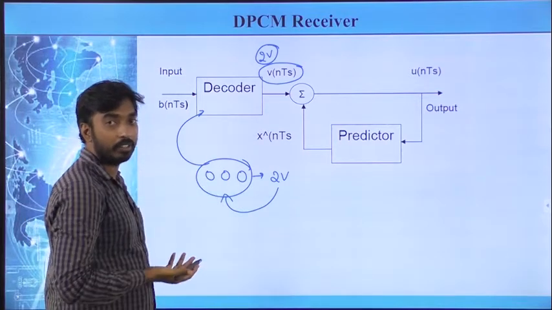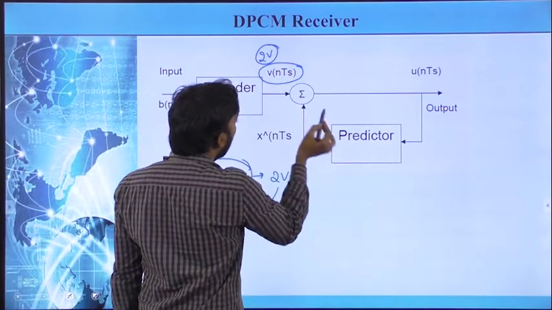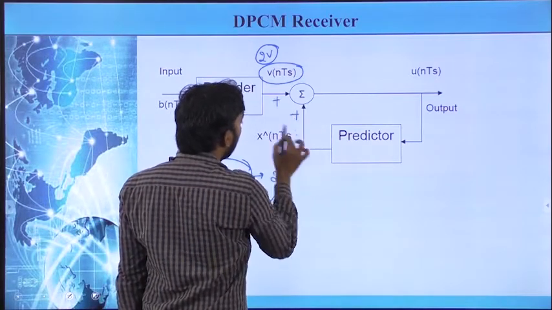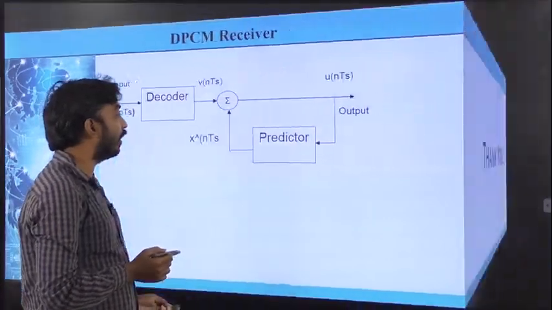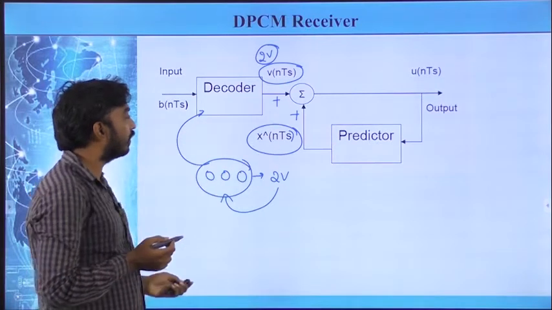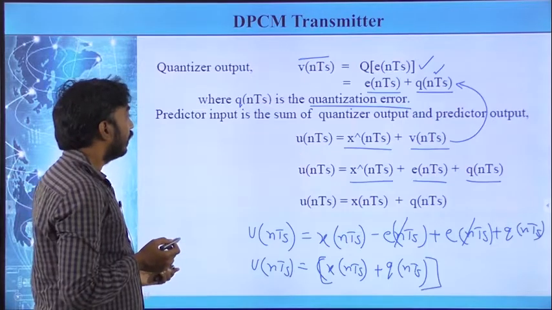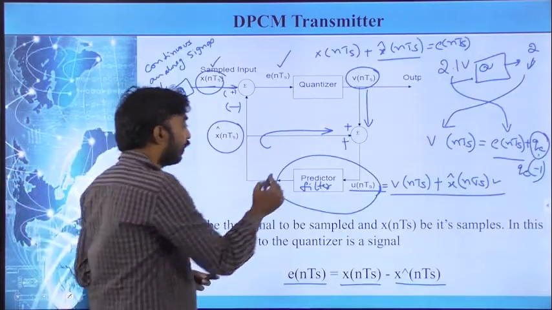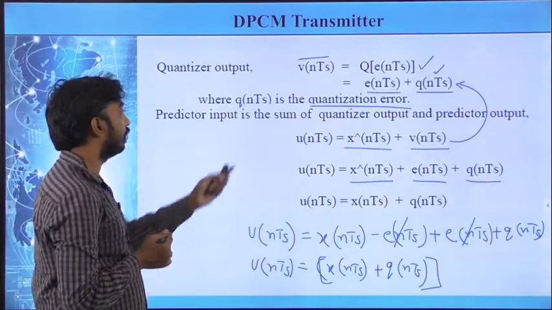That means it is the inverse process. Now this V of nTs will be added with X cap of nTs, the same prediction filter which I have used. This V of nTs will be added with X cap of nTs, right? This X cap of nTs is the output of the predictor. The predictor that I have used at the transmitter, the same predictor I have to use at the receiver.